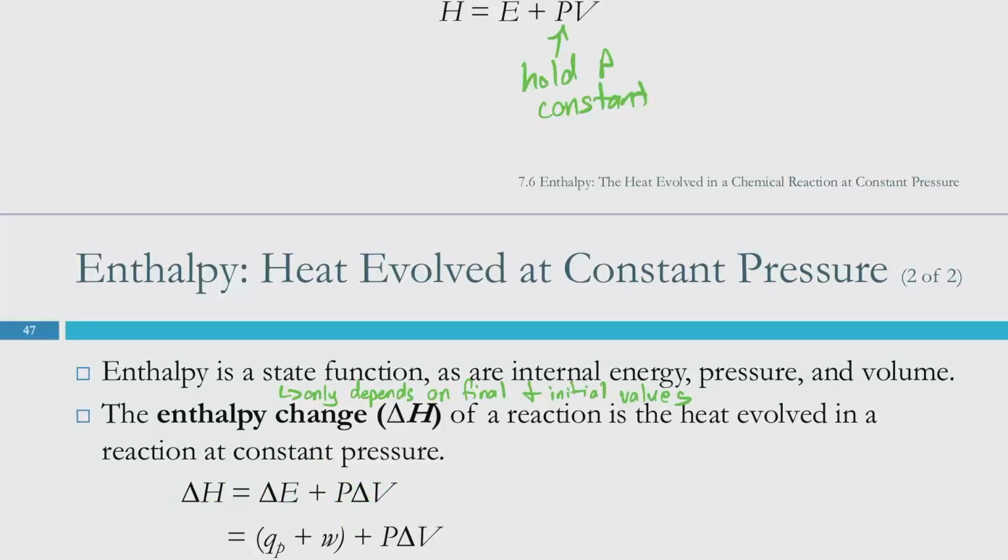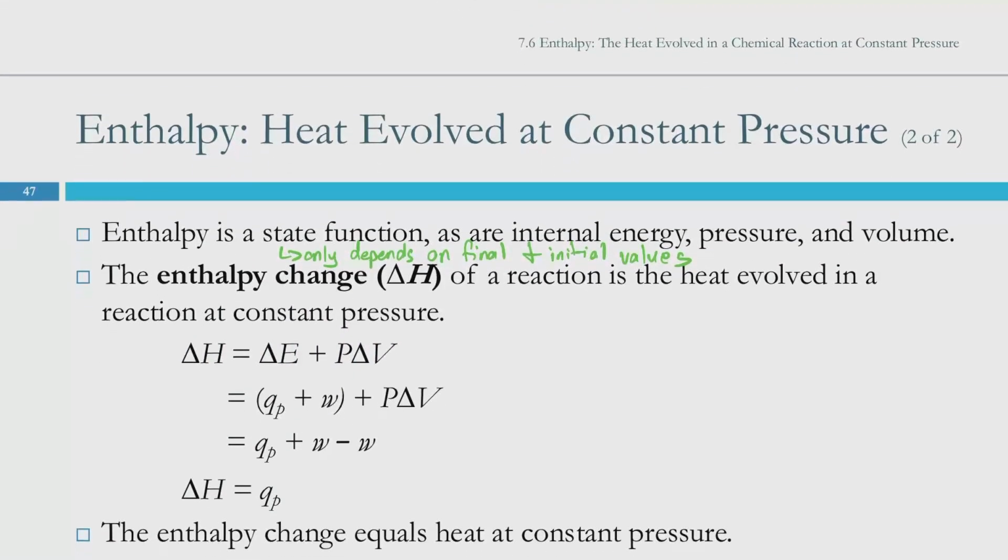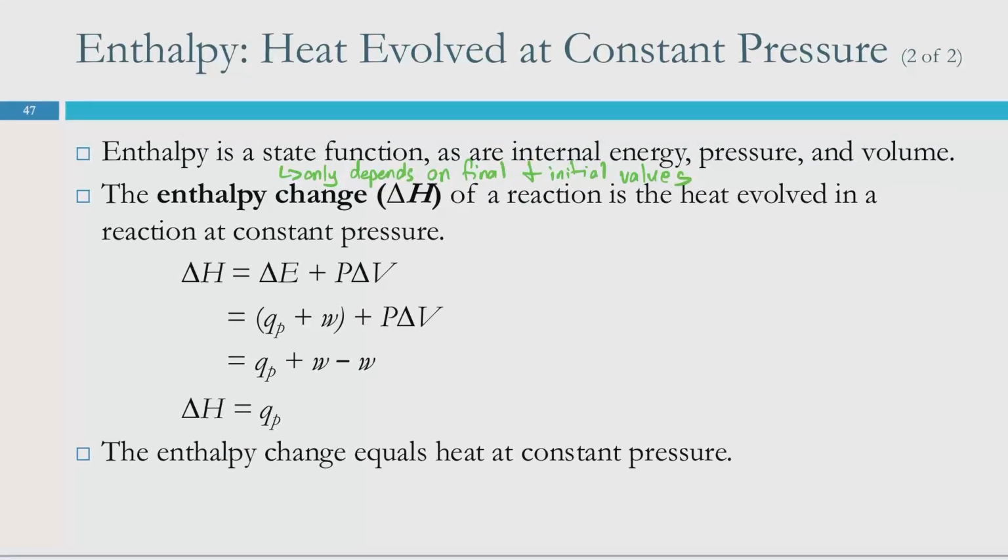We're holding pressure constant, pressure is not changing, and we can substitute in some values. So we know that delta E, our change in internal energy, is heat plus work. We're labeling this QP because we're at constant pressure. So Q plus W. And we know that P delta V, we're maybe getting some flashbacks.